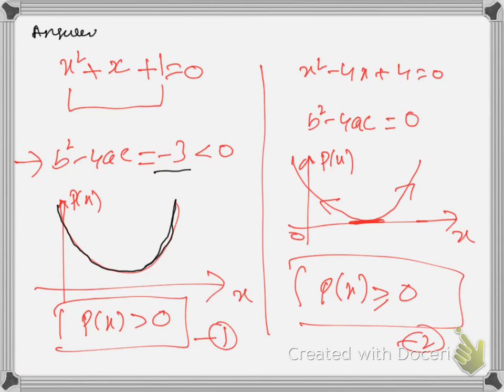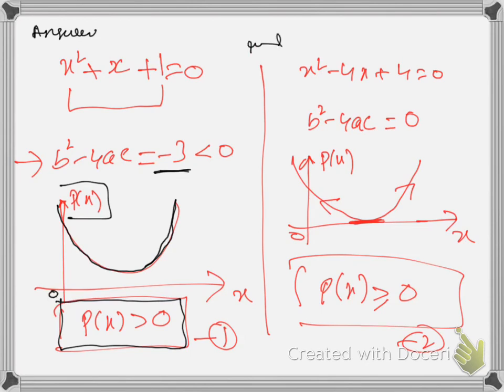I mean, your p of x is positive. Negative discriminant means no real roots. No real roots means the entire curve is above the x-axis. So with respect to this discriminant, we can say p of x is positive, and according to this sketch, this is verified. Now consider the second quadratic factor.